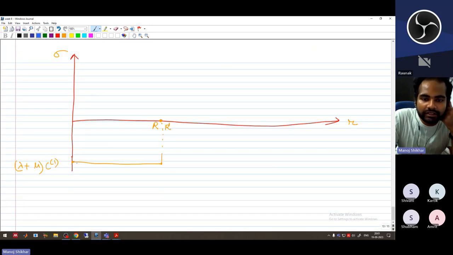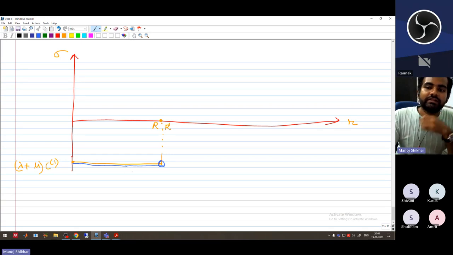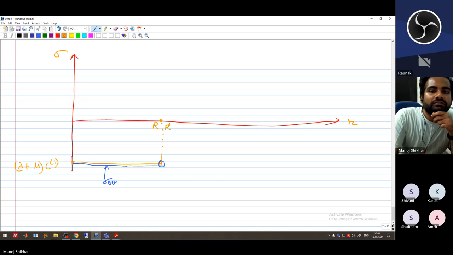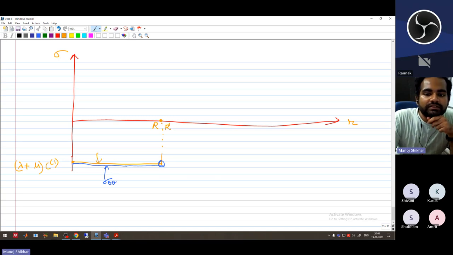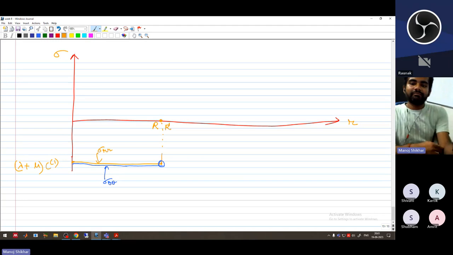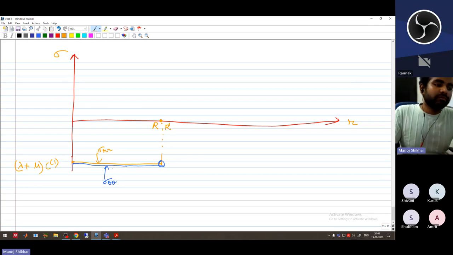So till point R, I will plot it slightly below, but it is the same value, just for clarity. This is sigma theta theta and this is sigma RR. They are the same plots, plotted differently just to show you.